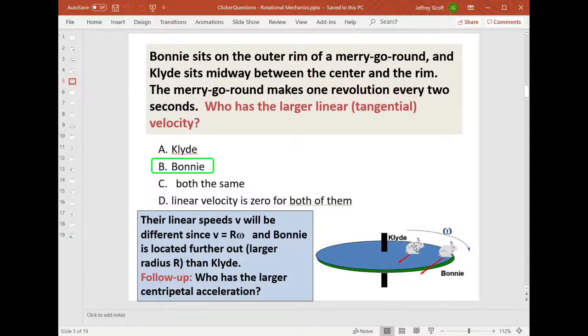Clyde, on the other hand, who's only out here at 1 meter radius, would go around 2 pi meters every 2 seconds. So Clyde's linear velocity or tangential velocity is exactly half of Bonnie's. He doesn't have to travel as far to make 1 revolution.